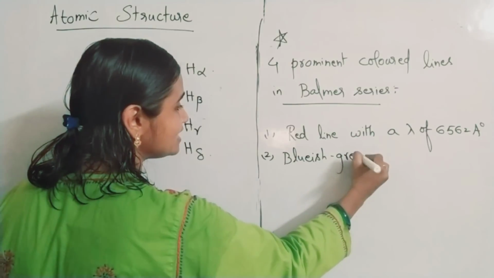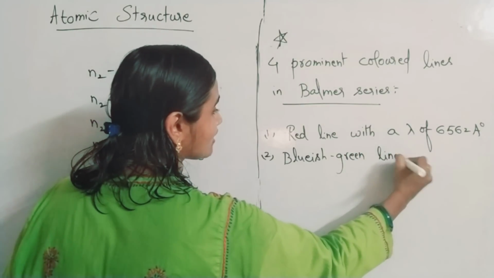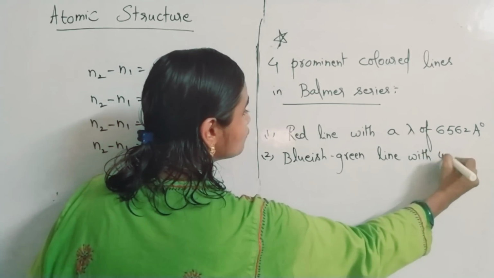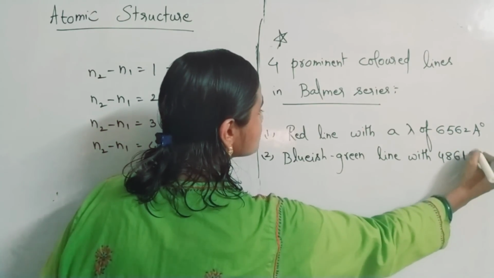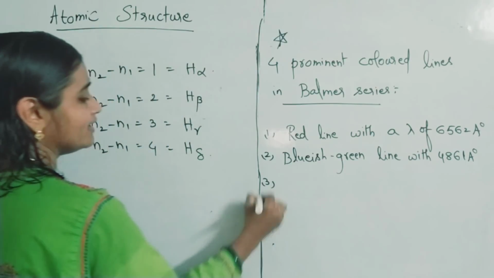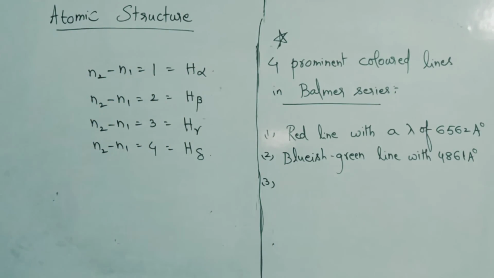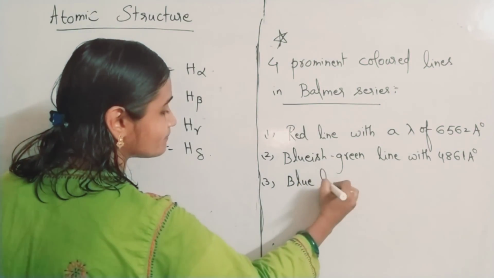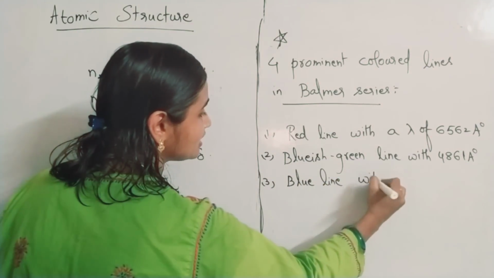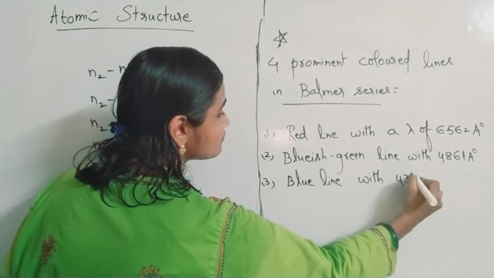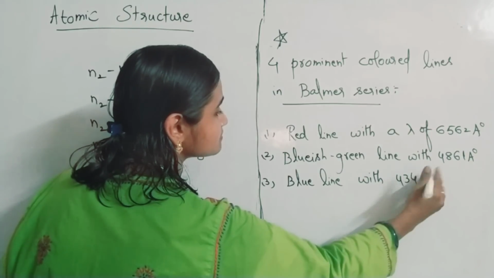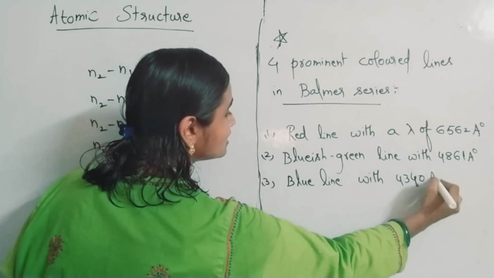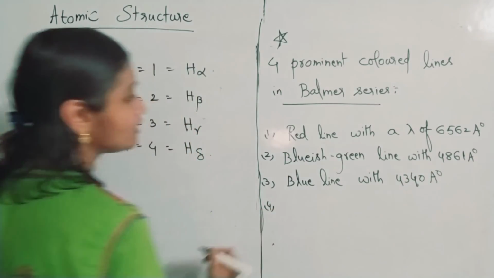The third important prominent line is a blue line with a wavelength of 4340 angstroms.